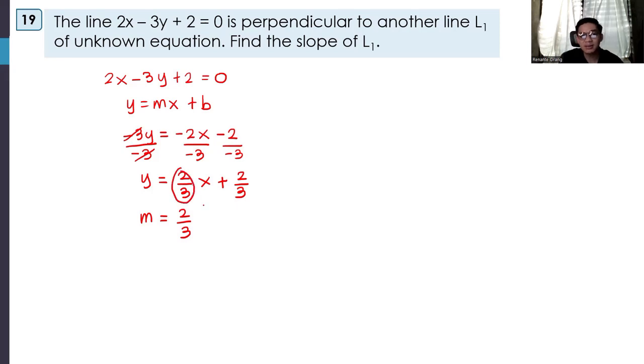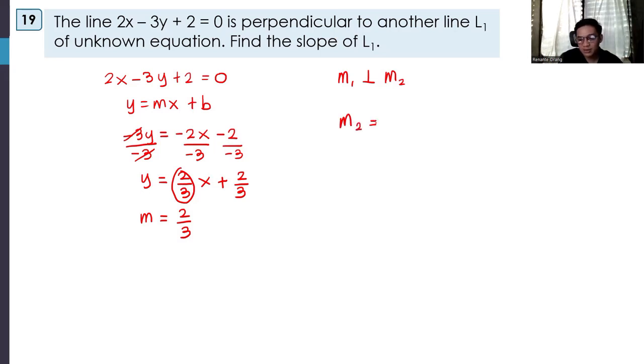Kasi siya yung tabi ni x. Pero yung hinahanap natin is perpendicular na slope sa another line. Take note class, if we will compare our slope 1 to our slope 2 which is perpendicular, ang kanyang formula is this one.